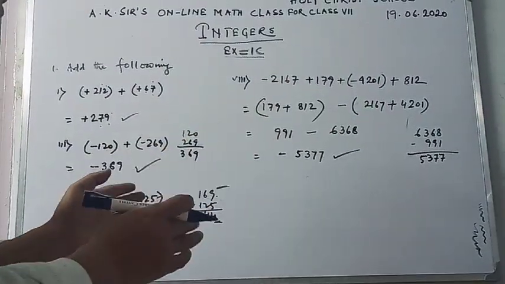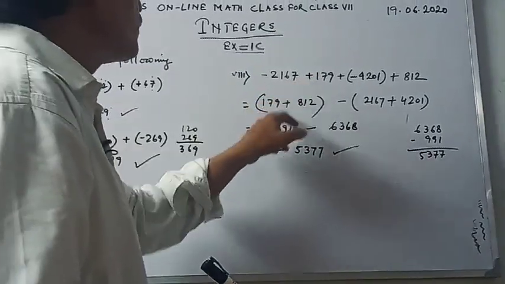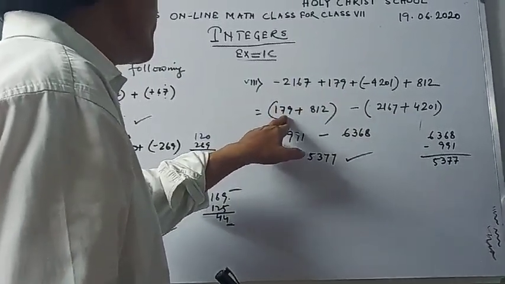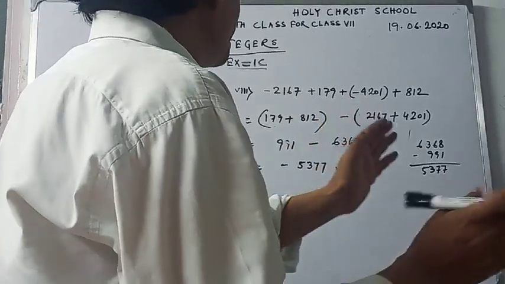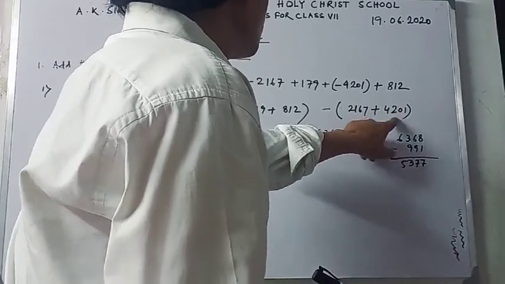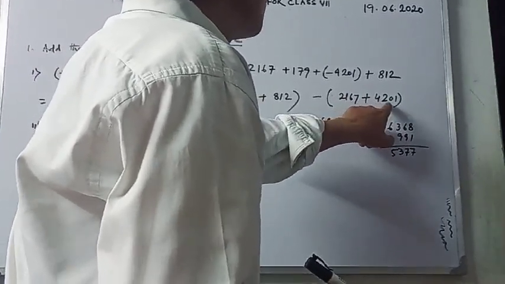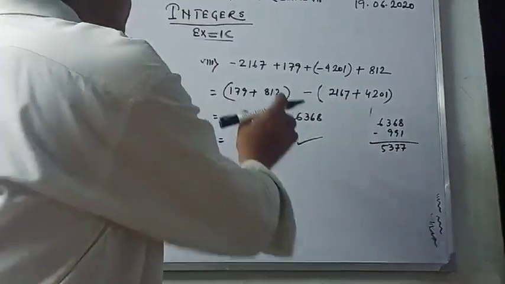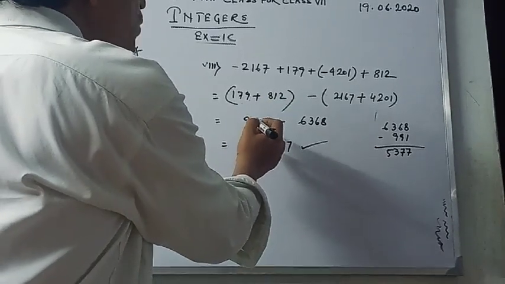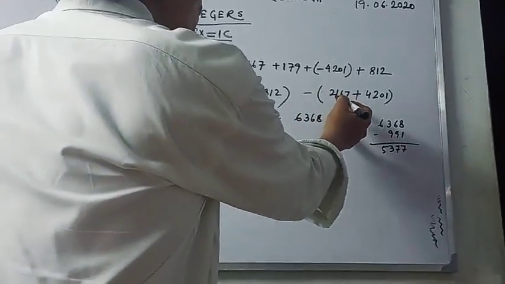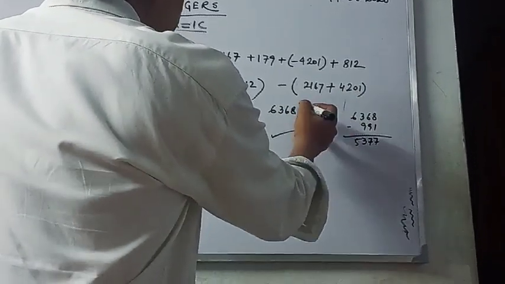Now group the positive integers and group the negative integers. 179 plus 812 equals 991, and 2167 plus 4201 equals 6368.